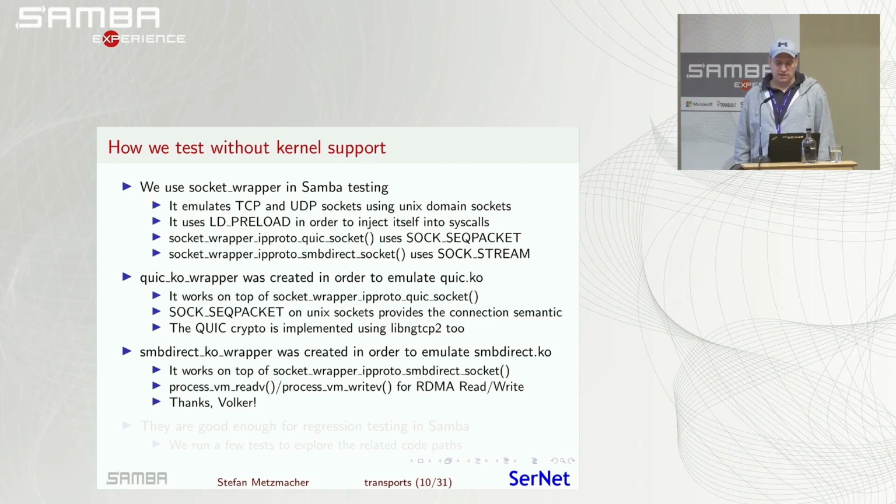Then we have the SMB-Direct KO wrapper, and that basically underneath looks like a TCP socket emulated by socket wrapper, with the addition that we have a few special ioctls in order to do the RDMA offload and use the process_vm_readv and process_vm_writev syscalls in order to directly write into the memory of the other process.